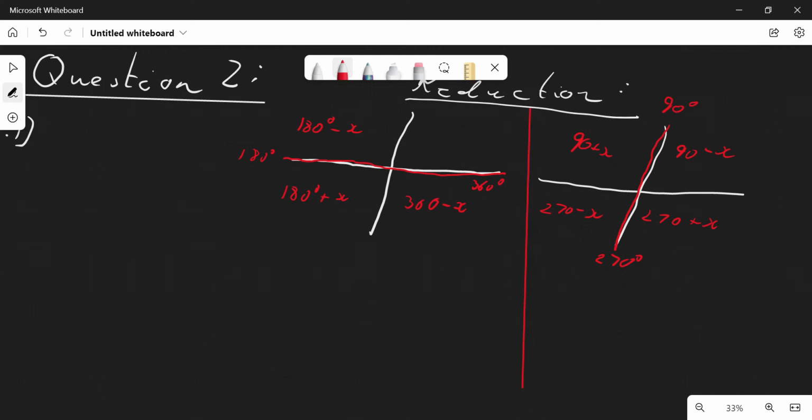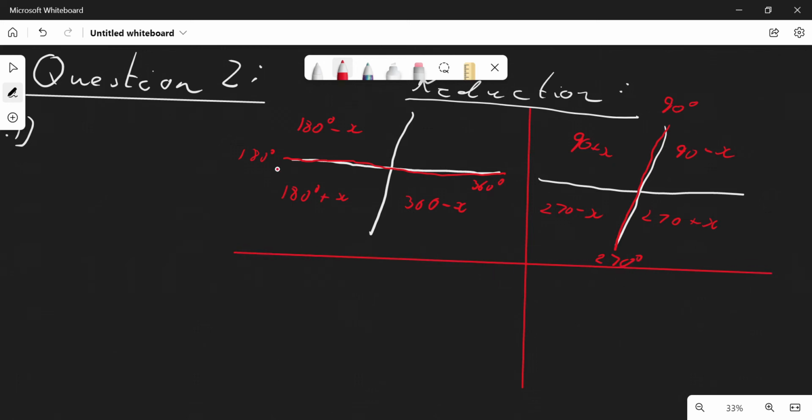Hold on, let me just bring out my notes on these reductions so I make sure I've got everything. Okay, so there isn't really much to say about these ones. These are the ones you're going to encounter most often.